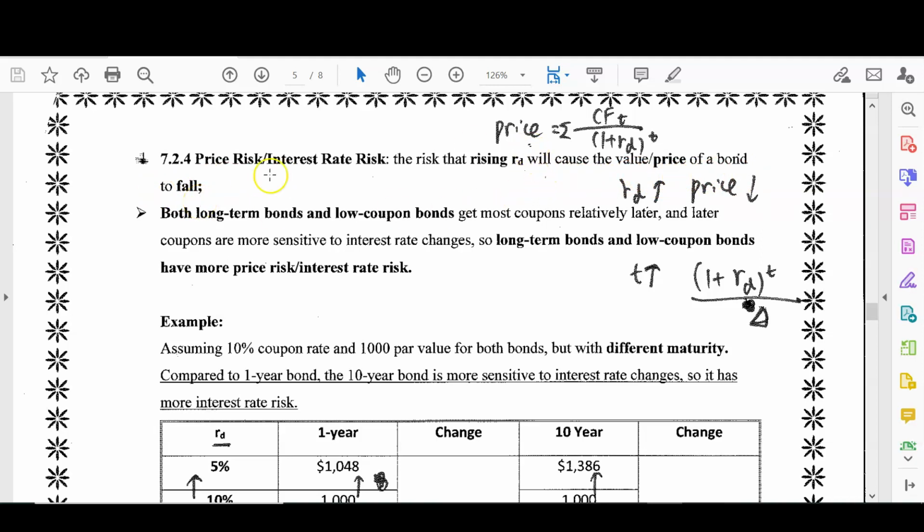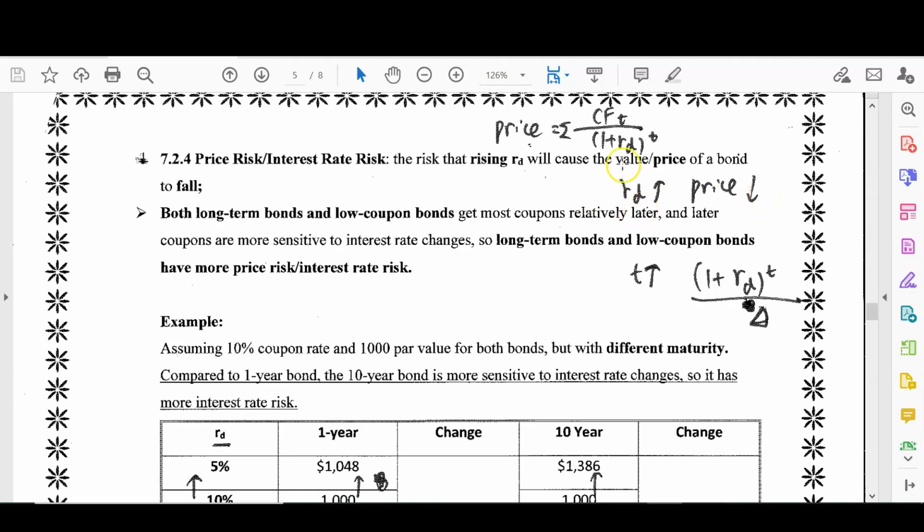Okay, if we look at the formula of how we solve for a bond price, we discount all the future cash flows, including coupon and par value, to present using the RD, cost of debt, or interest rate, as the bond price. So whenever we have the same cash flow we're going to receive after purchasing the bond, whenever the interest rate increases, the denominator increases, so the bond price will decrease.